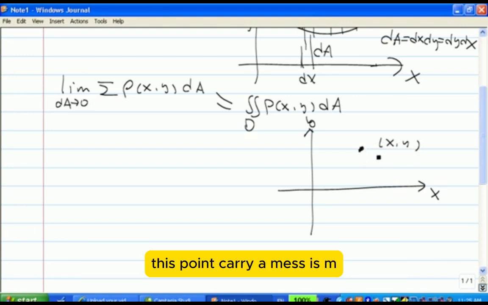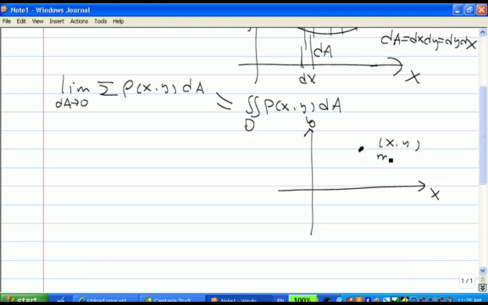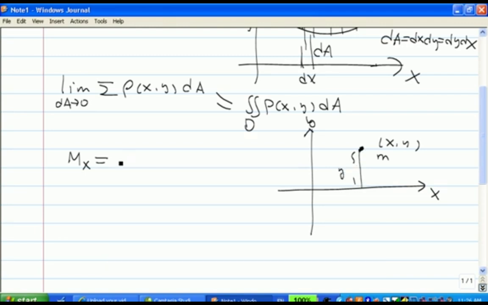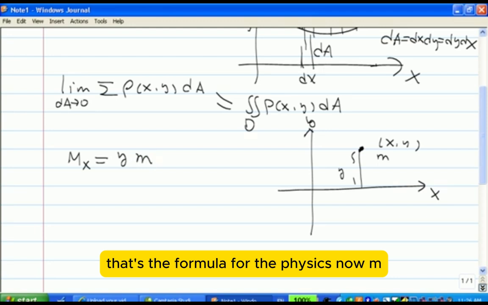This point carries a mass m. So the moment about the x-axis, the formula from physics, is this distance y times m.